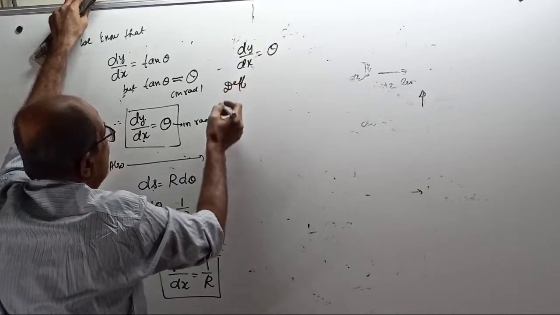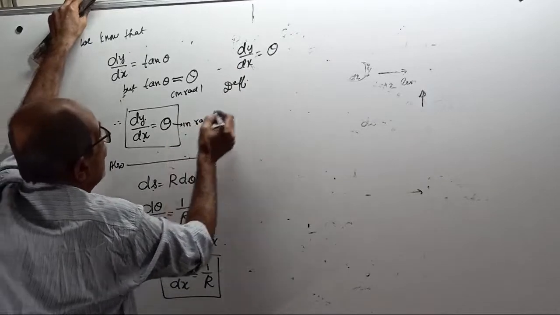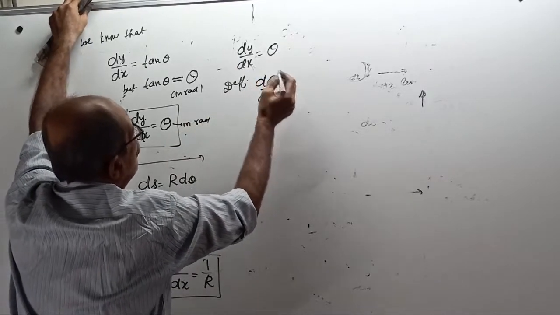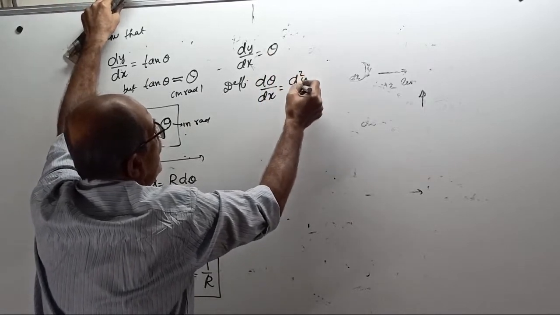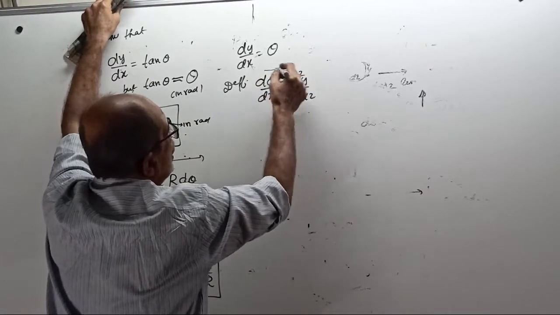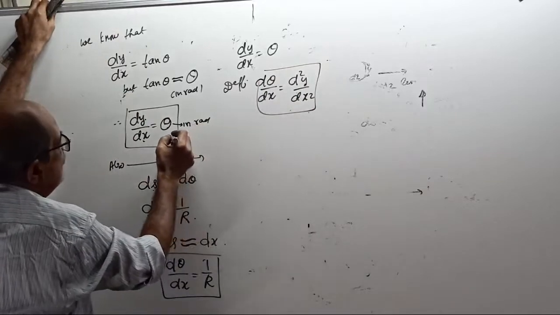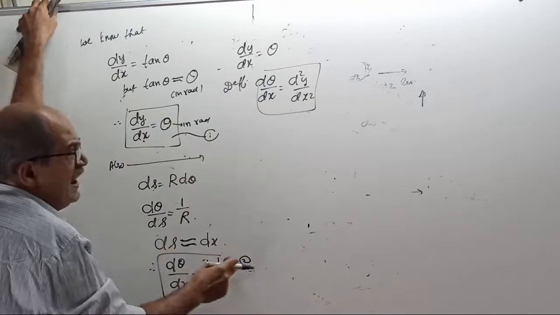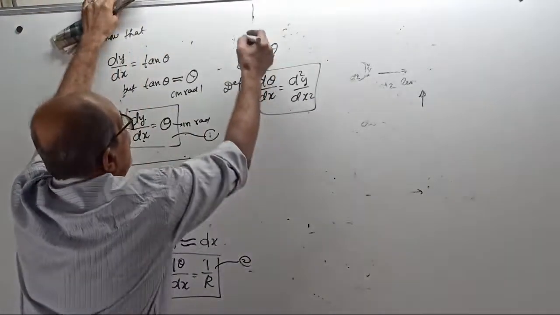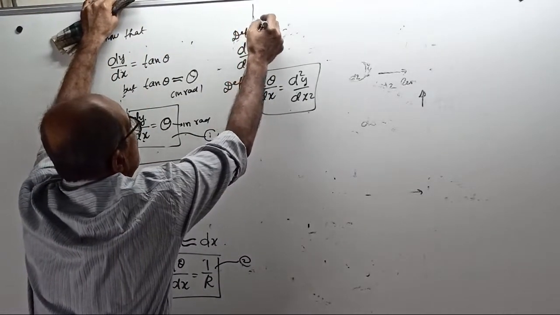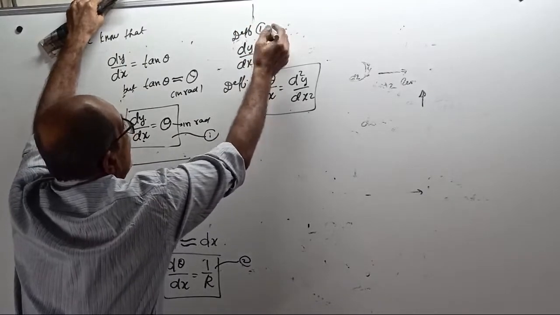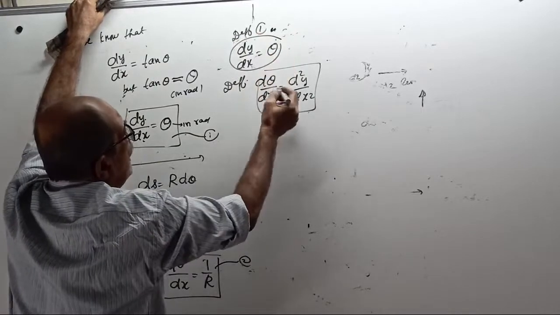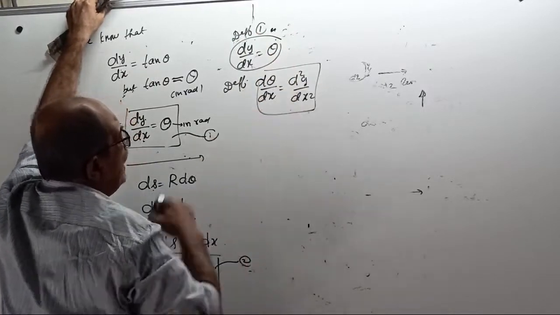Now differentiate the earlier equation. Differentiating, d theta by dx equals d square y by dx square. Yes or no? I will call this equation number 1 and this equation number 2. This 1 and 2 is not that 1 and 2. Now differentiate 1: dy by dx equals theta, so d theta by dx equals d square y by dx square.